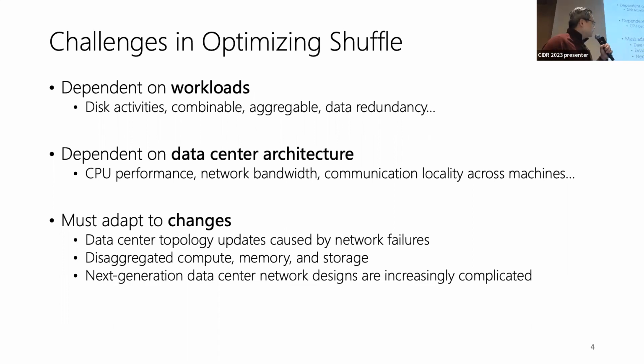But more importantly, a lot of this must also adapt to changes, right? There could be failures in the data centers, which would result in topology updates. There's disaggregated compute, memory, and storage. And we see that increasingly data center designs are becoming more complicated as well, right? There's more and more emerging hardware, smart NICs, and so on.